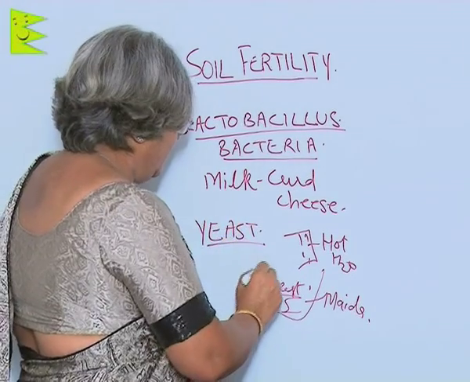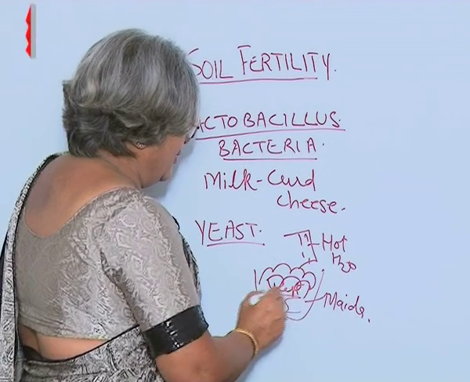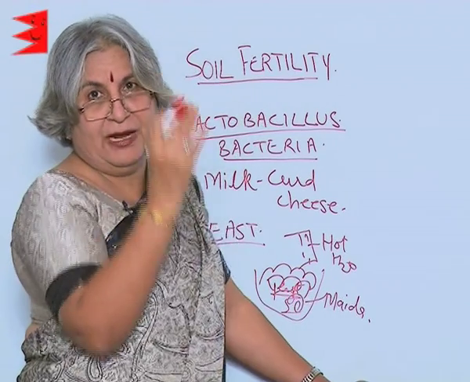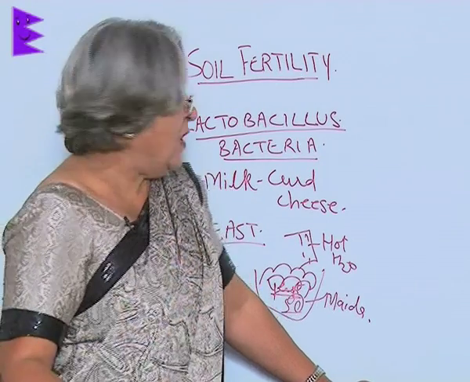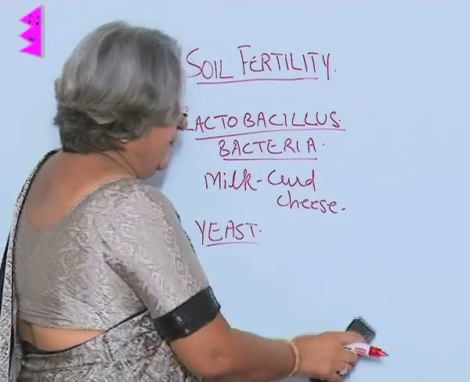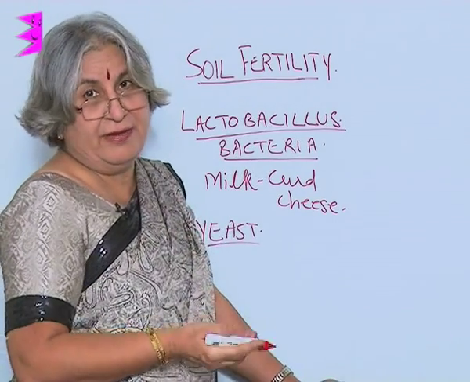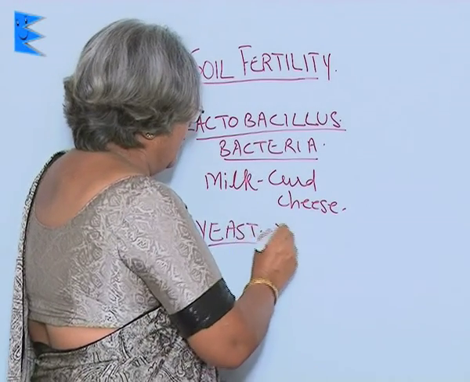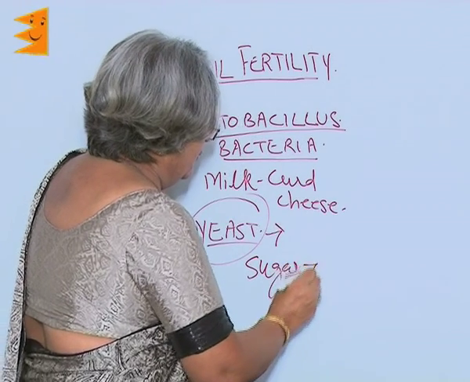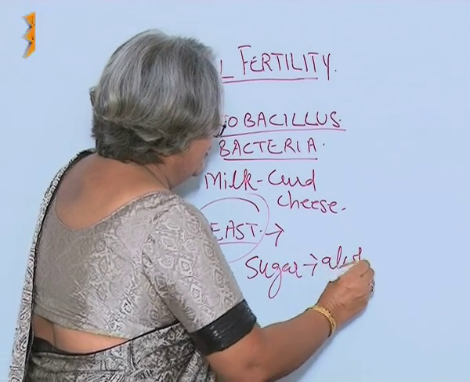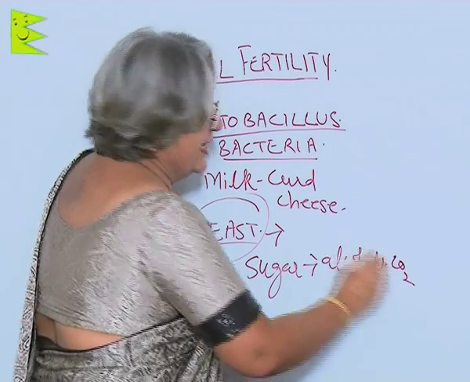After a little while, you will find that your maida has become puffed up. Why? Because of carbon dioxide. So, all these yummy dishes which our bakers make or we bake at home, they are because of yeast, which can change sugar into alcohol plus carbon dioxide.